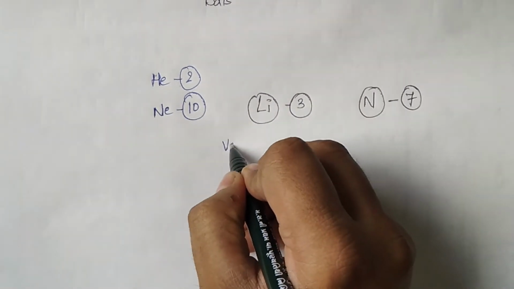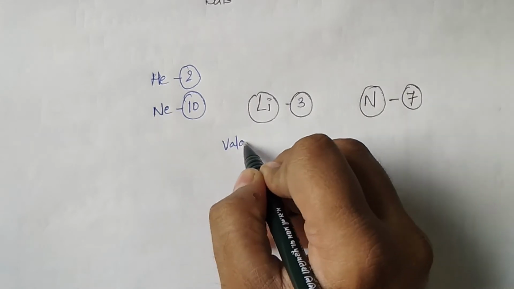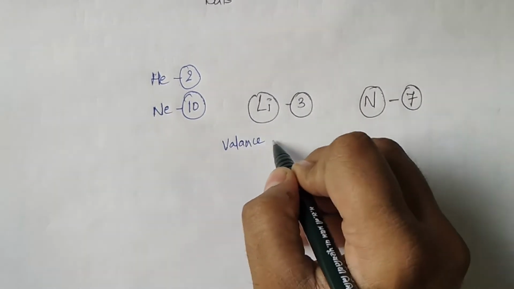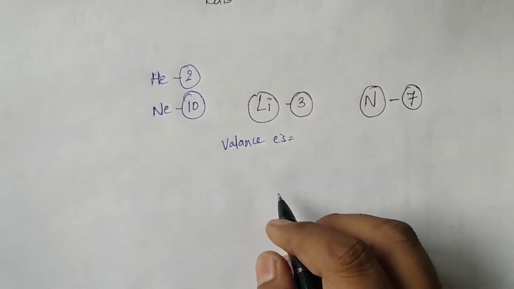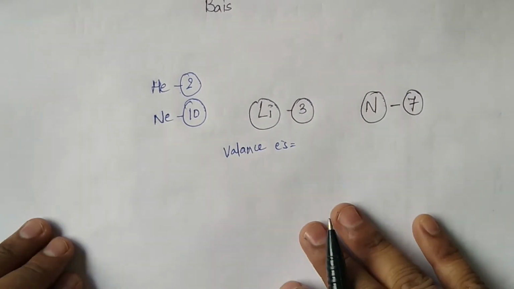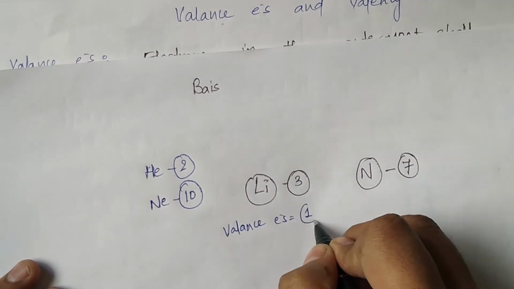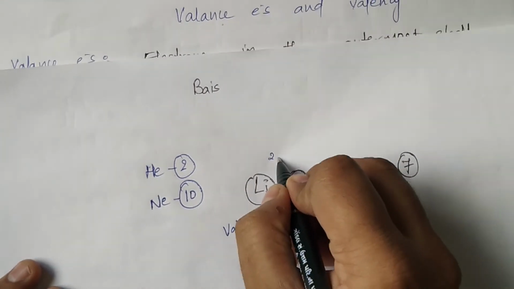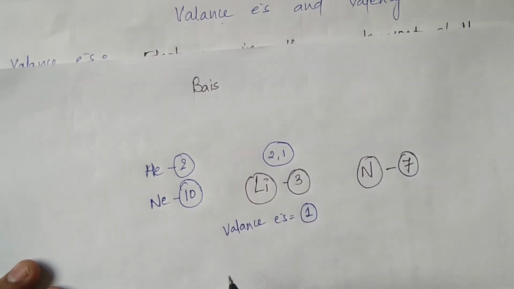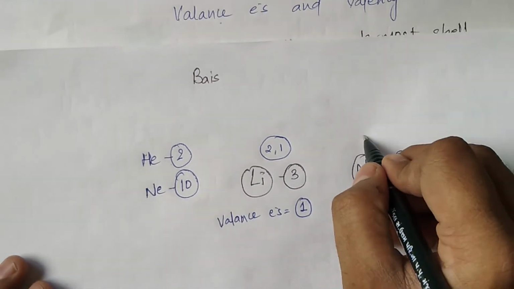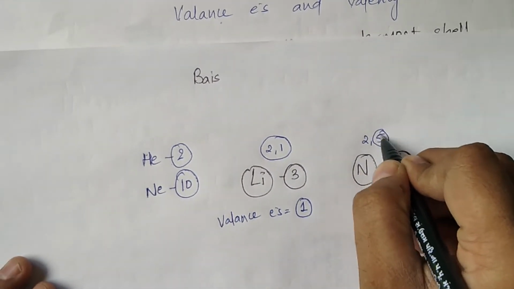So what are the valence electrons? The valence electrons will be equal to 1. Why? Because the configuration is 2 and 1. So the valence electron is 1. Here the valence electrons are 5.